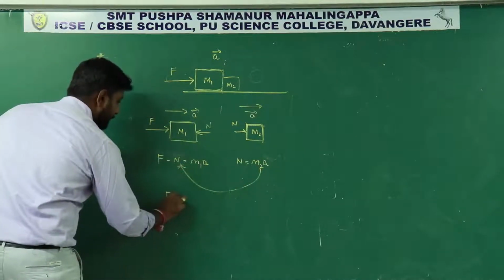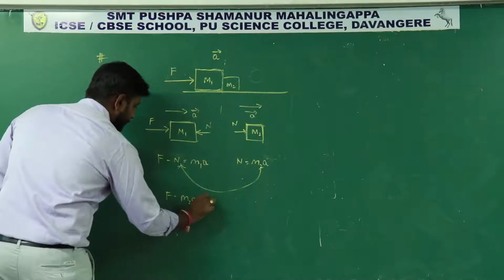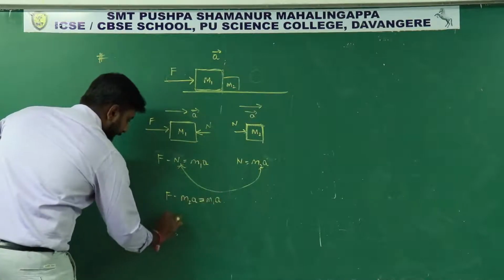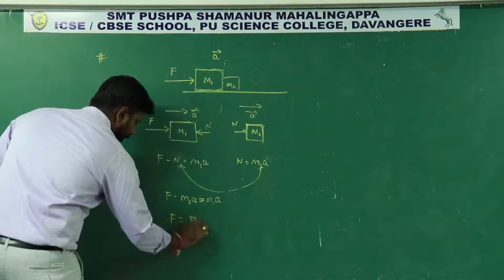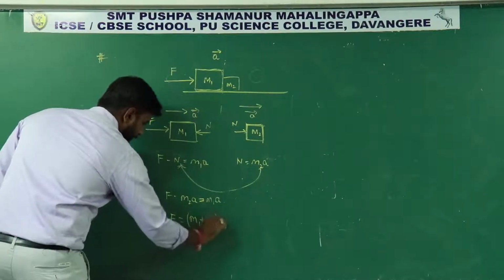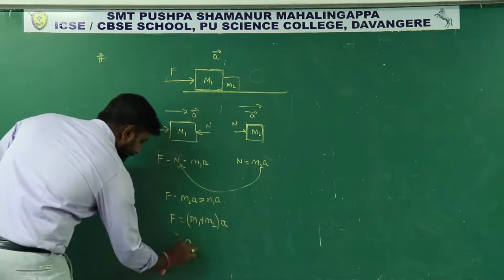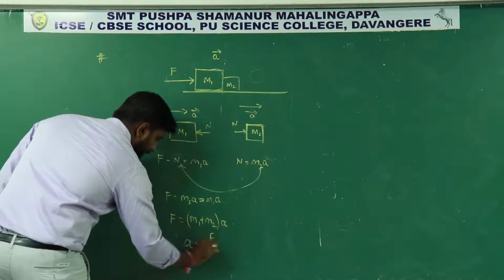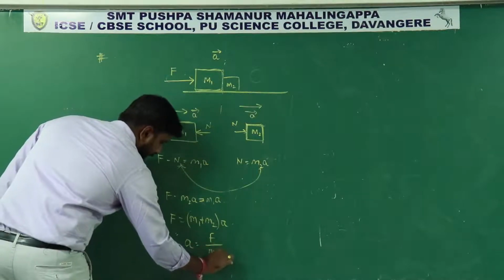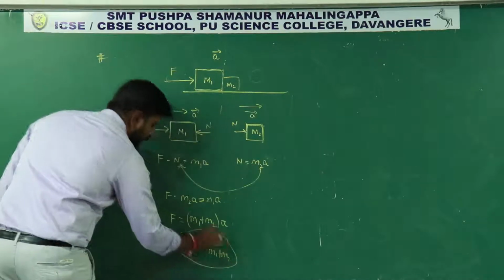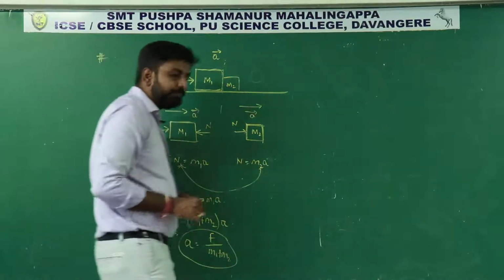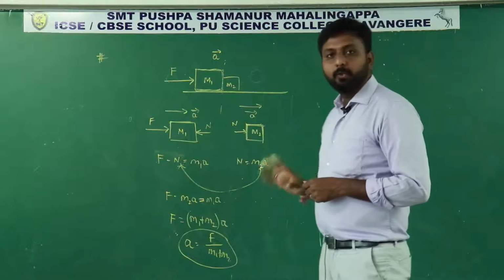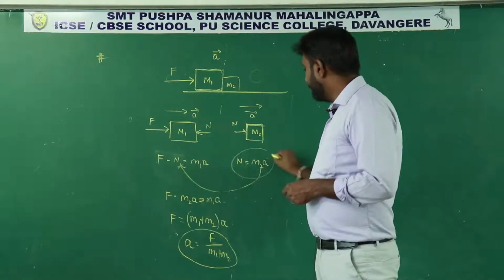Then F minus m2a equals m1a, and so F equals (m1 plus m2) times a. Then the acceleration of the system equals F divided by (m1 plus m2). In this way we can find the acceleration of the system, and the normal force between the two bodies is m2 times a.